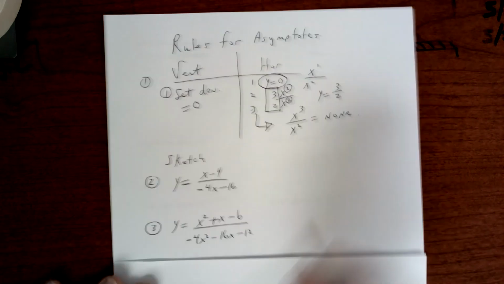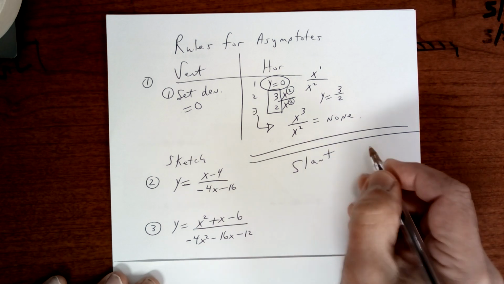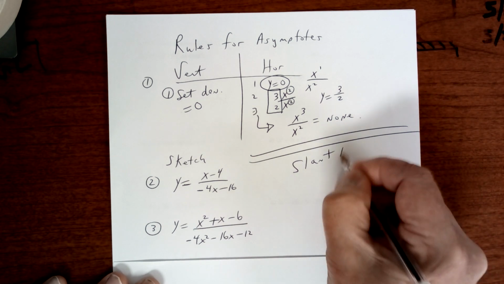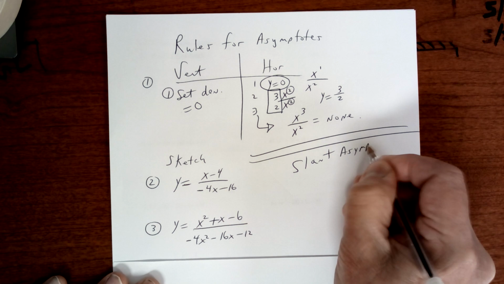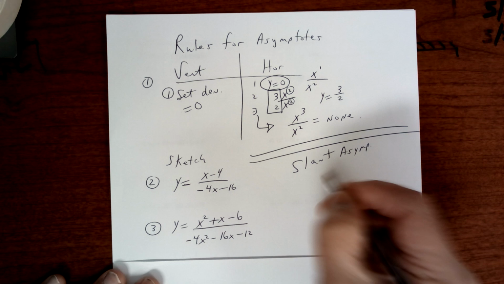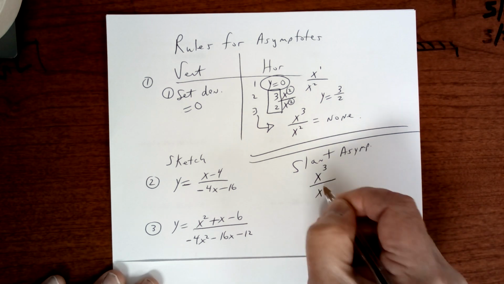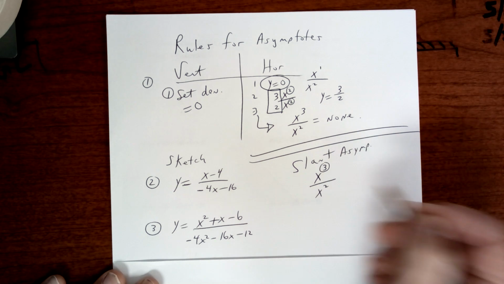Now there's one called a slant asymptote. Write this down. A slant asymptote is when the exponent on top is exactly one bigger than the bottom. So write that down.